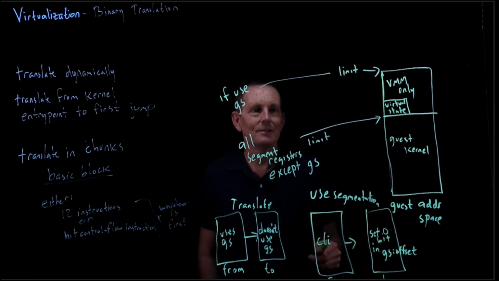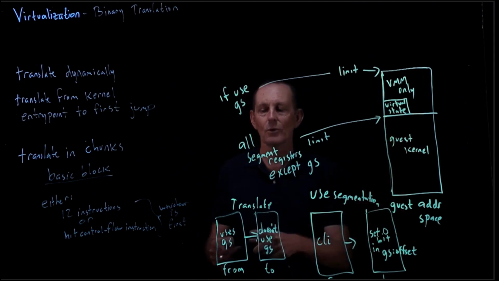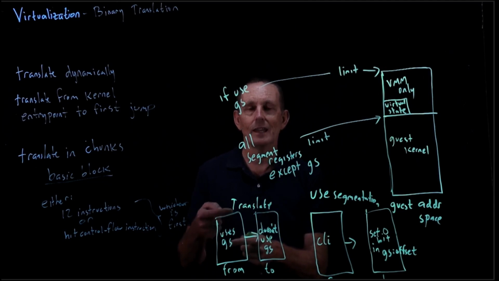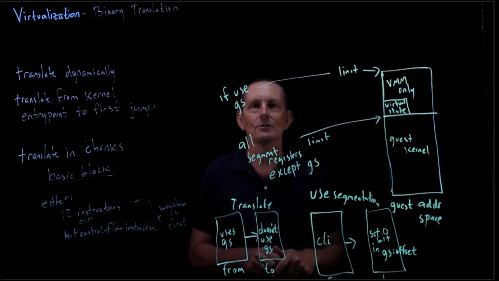And so that allows us access there. Now we make sure the kernel can't have access itself. By doing that, if any code that we're going to translate has a GS register, we're going to rewrite it so it doesn't use the GS register.